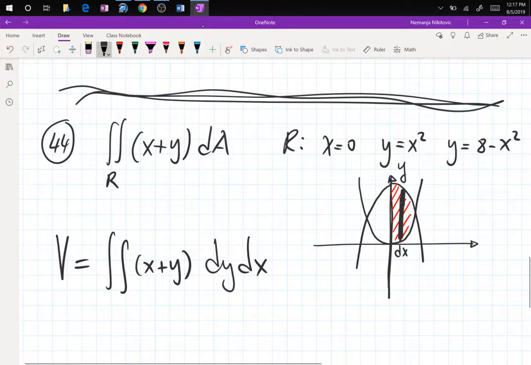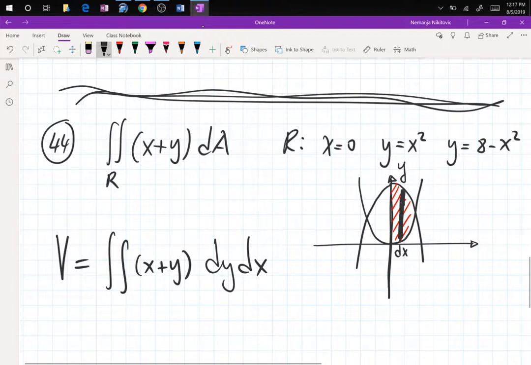You do not want dy here, because dy will ride two different functions on the right side and the y-axis on the left. That's not good, right? We want, preferably, everything in one integral.